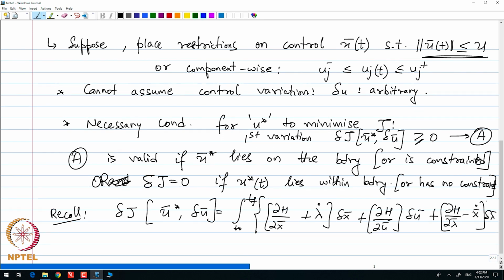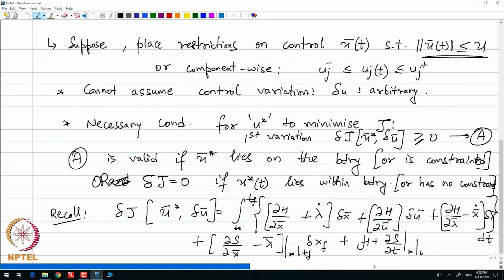And then, this was all the integral over dt, plus I had (partial s partial x bar minus lambda) evaluated at tf times delta x f, plus (h plus partial s partial t) evaluated at tf times delta t f.